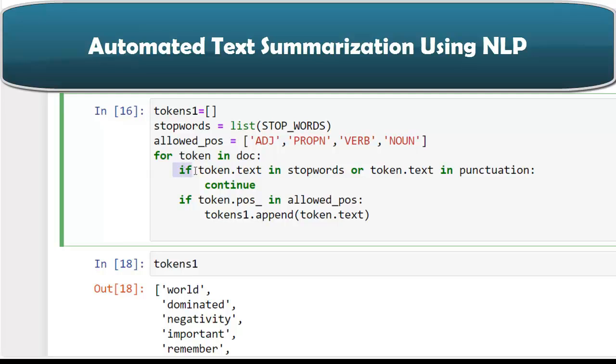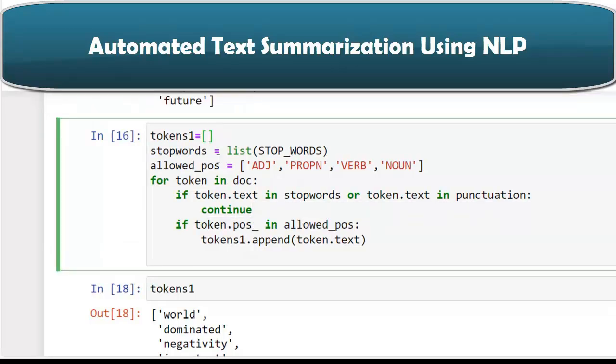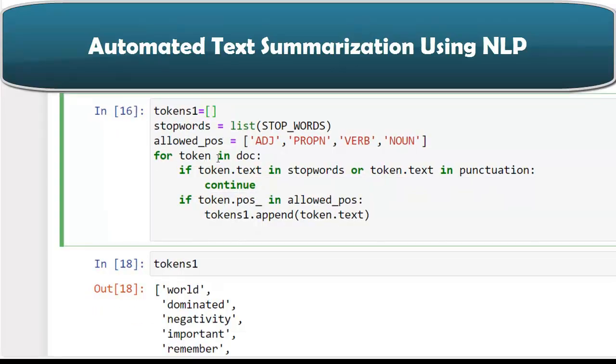If the token is in the list of stop words or is a punctuation mark, we skip it using this continue statement. And here you can see another if statement. If the token's POS tag is in the list of allowed POS tags, we append it to the tokens1 list. So this is an alternative approach for removing stop words and punctuation.